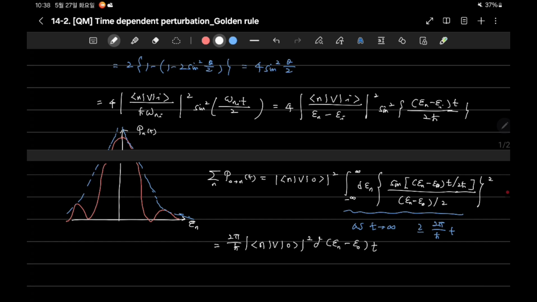So the solution is like this, and it is the transition probability for large t.